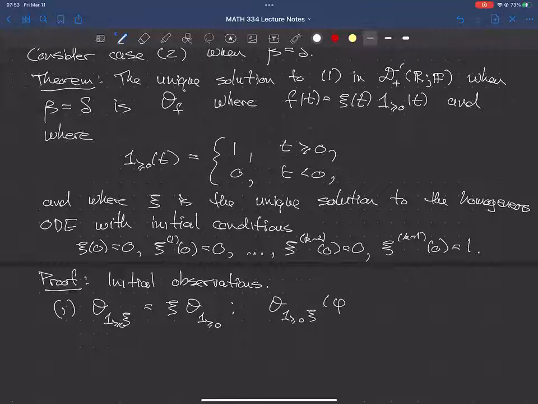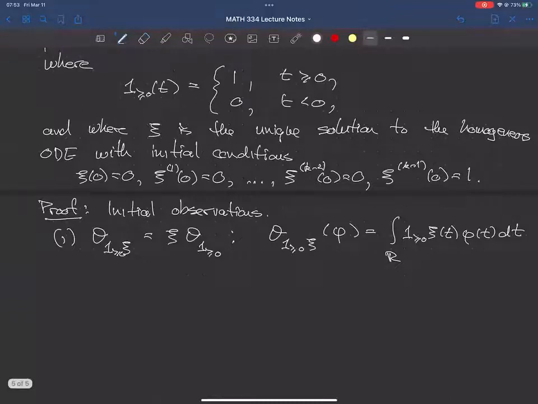C of phi is, by definition, the integral over R, 1 greater than or equal to 0, C of t, phi of t dt. Right, and this is equal to, okay, and so the point is that the 1 greater than or equal to 0 applies not to just C, but to C times phi.